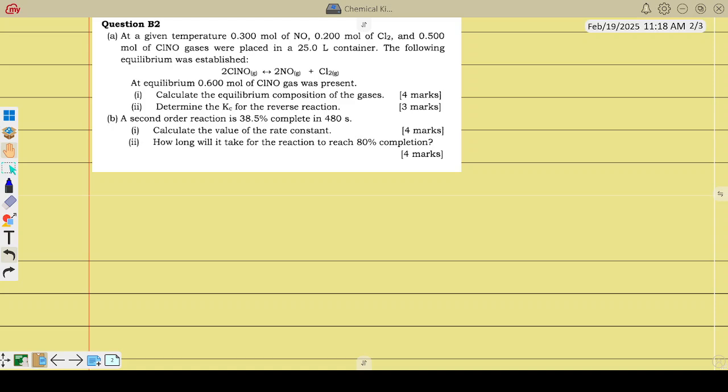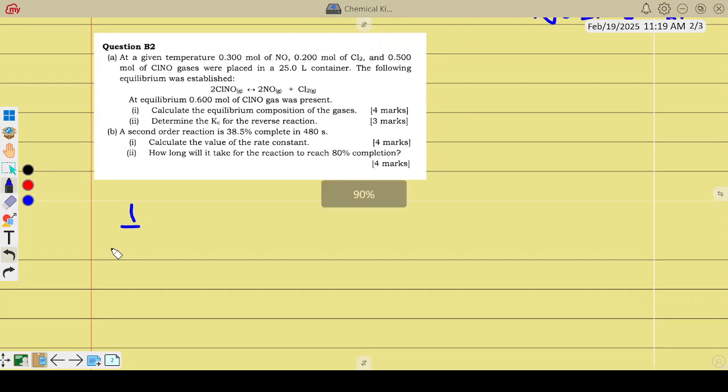Here we'll first recall the formula. We know that 1 over the concentration will be equal to Kt plus the initial.